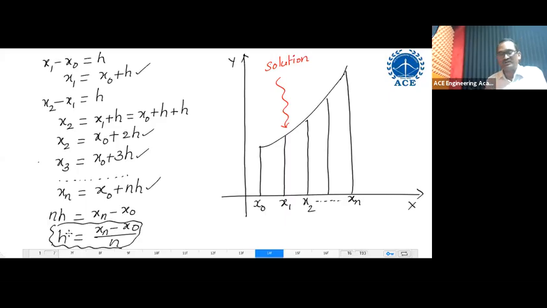Now there are several methods to find the solution of first order and first degree differential equations. The first method is Taylor series method.